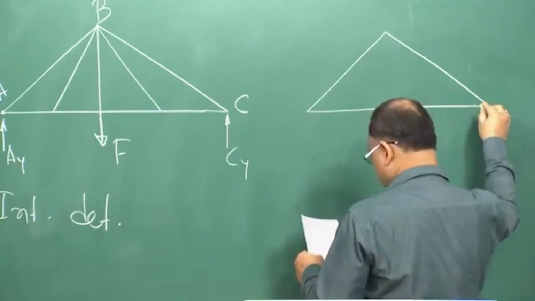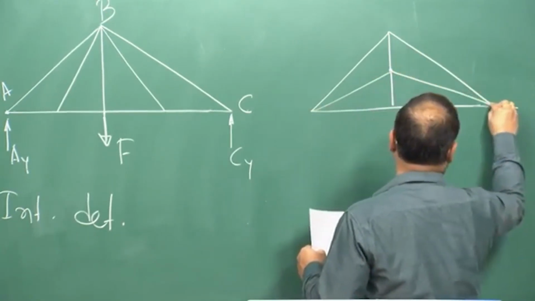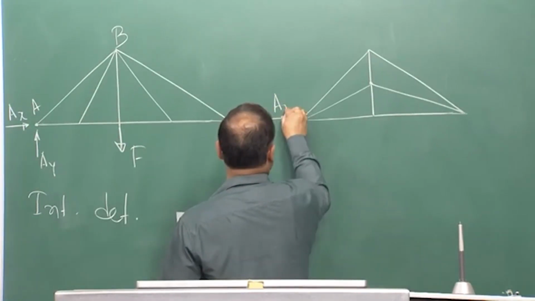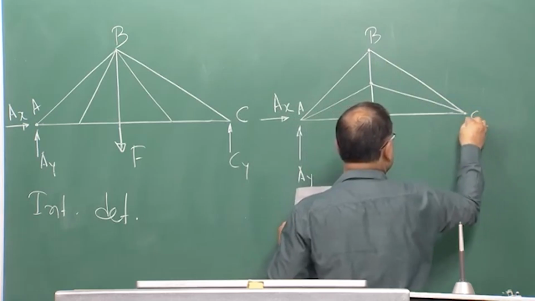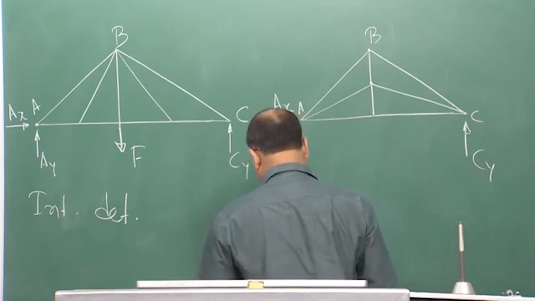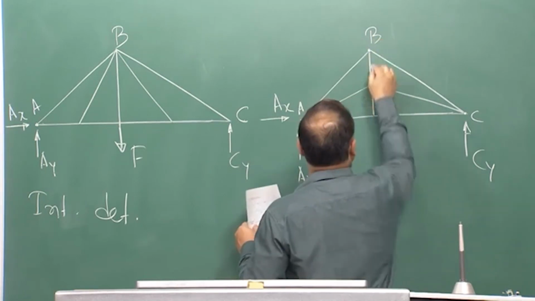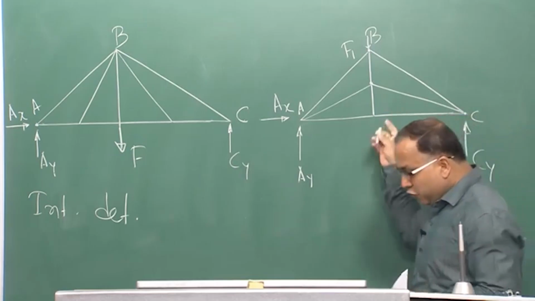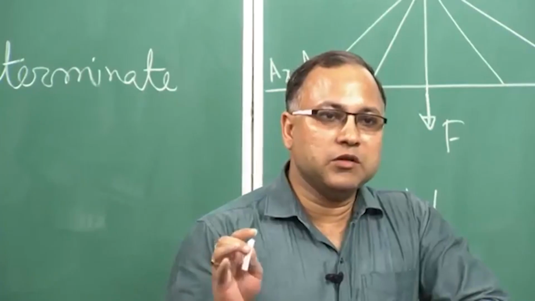Now, if you have this kind of truss, here also you have say AX, AY, this is joint A, this is joint B, this is joint C, you have CY, okay, and a force F1 is applied here at joint B. If you look at this structure, you will find out that you cannot get all the member forces by using your simple equations of equilibrium.